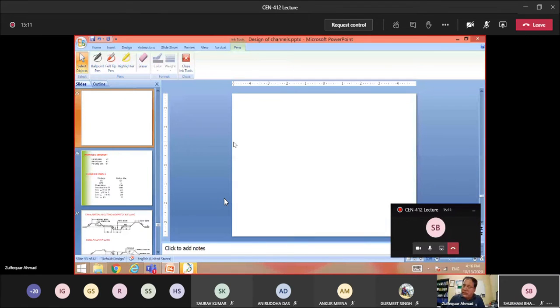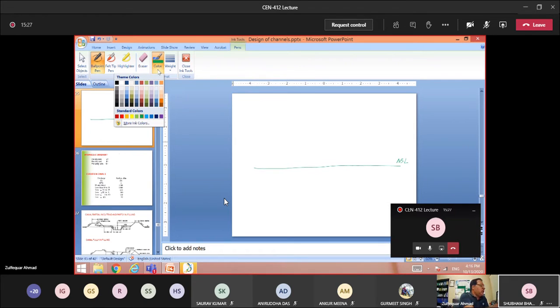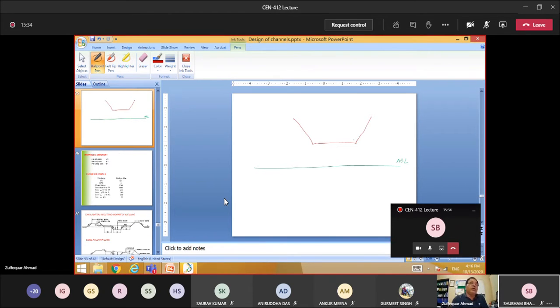Now, there may be a third condition where the NSL is somewhere here. This is the natural surface level, right? And the canal that we are constructing is somewhere here. You can see here the bed level of the canal, even the bed level of the canal is higher than your NSL.